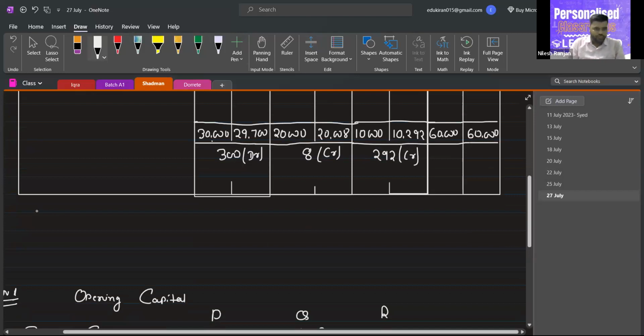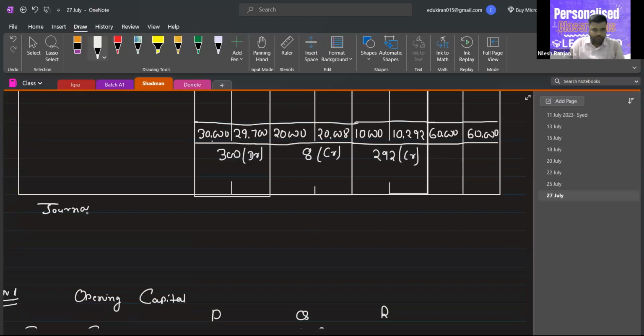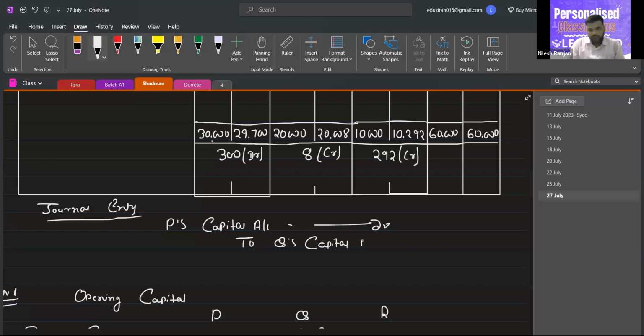So we will pass journal entry now. The debit item will be here. So P is debited, so P capital account debit, to Q capital account and to R capital account.